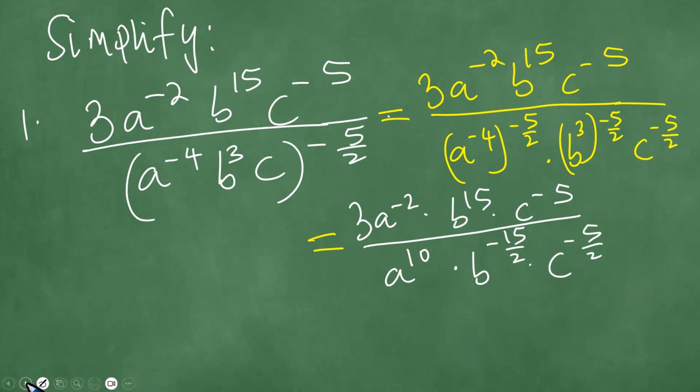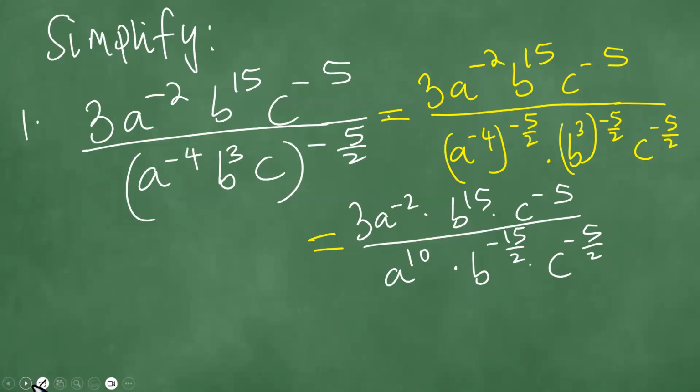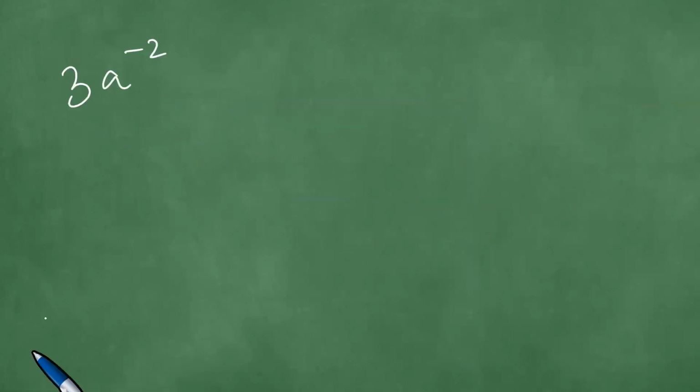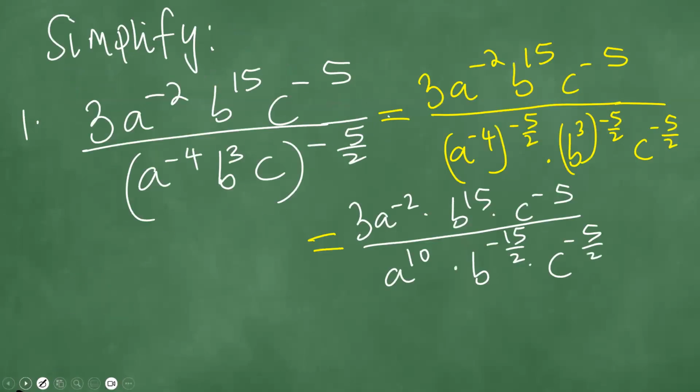Right, so what we've got right now is that it is actually 3a to the minus 2 times b to the 15 times c to the minus 5. You divide everything by, right?